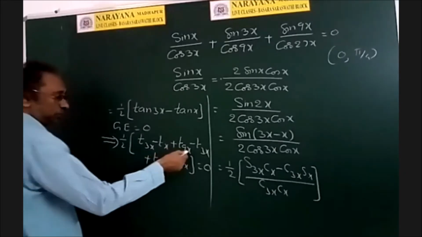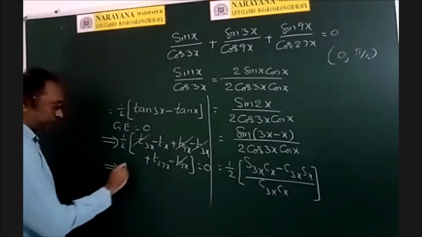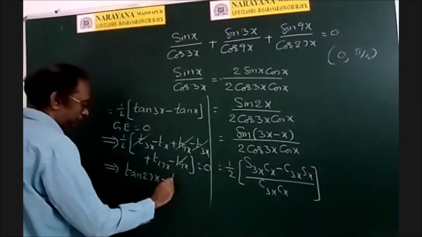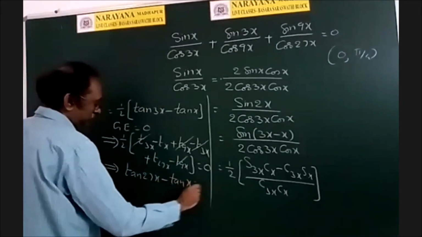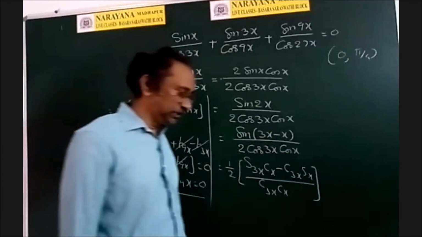And therefore, tan 3x cancelled, tan 9x cancelled. So that implies tan 27x minus tan x is equal to 0. So now we have to solve that equation.